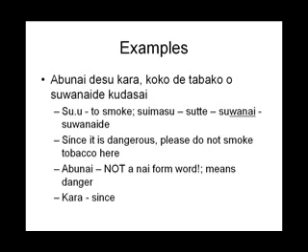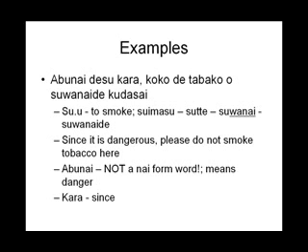Since the last two letters of the plain form, suu, are both vowels, the nai form will need one wa to be substituted for the last vowel. Thus, suu becomes suwanai. The te form of this is suwanaide. So, suwanaide kudasai will mean please do not smoke. Thus, the entire sentence means since it is dangerous, please do not smoke tobacco here.